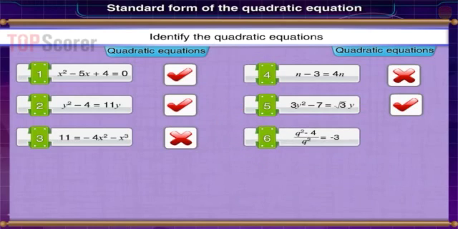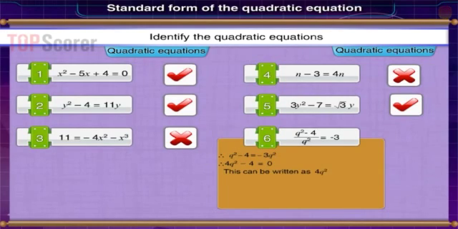Let us consider one more example. q square minus 4 upon q square is minus 3. First, we will write the equation in the standard form. Cross multiplying, we get q square minus 4 is minus 3q square. On simplifying, we get 4q square minus 4 is equal to 0.